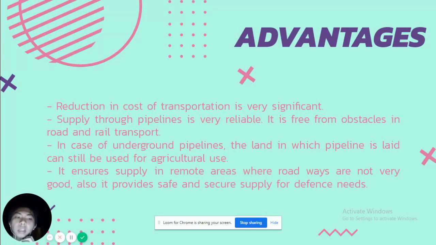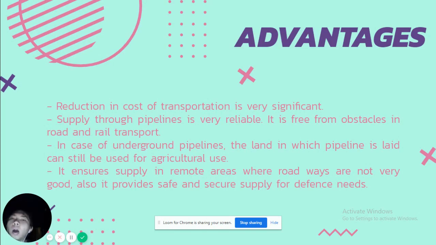It is free from obstacles in road and rail transport. In the case of underground pipelines, the land in which the pipeline lies can still be used for agricultural use. It ensures supply in remote areas where roadways are not very good. Also, it provides safe and secure supply for defense needs.